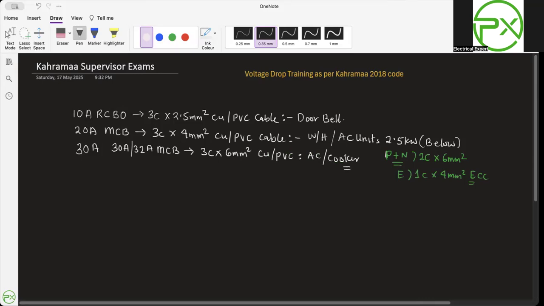So summarily, I've talked about current, and I tried to show the cable configuration and the equipment that needs to be connected to the cable according to Kahramaa specification.